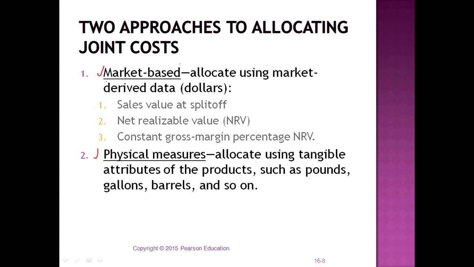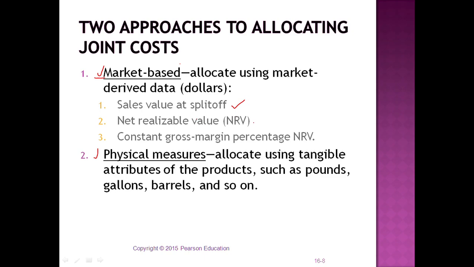Right. So in the market-based approach, there are three methods here. The first method is called sales value at split off. Inshallah, we'll talk about that in the coming slide. Sales value at split off means that you first calculate the value of your output at the split off point if you are going to sell it immediately, and then use that as a basis for distributing the joint cost to the joint products, right?